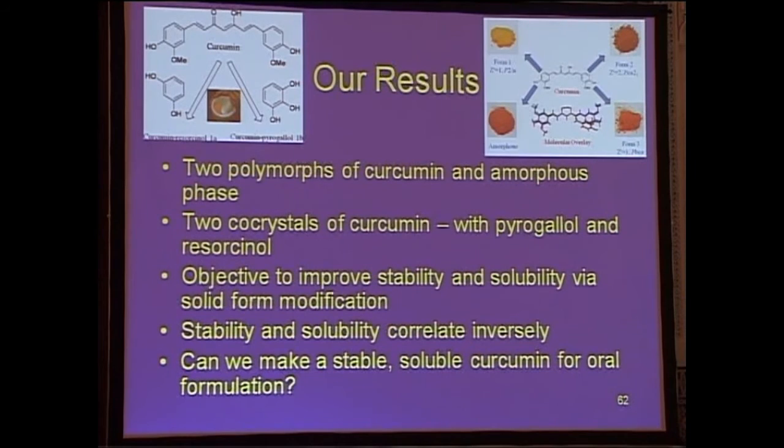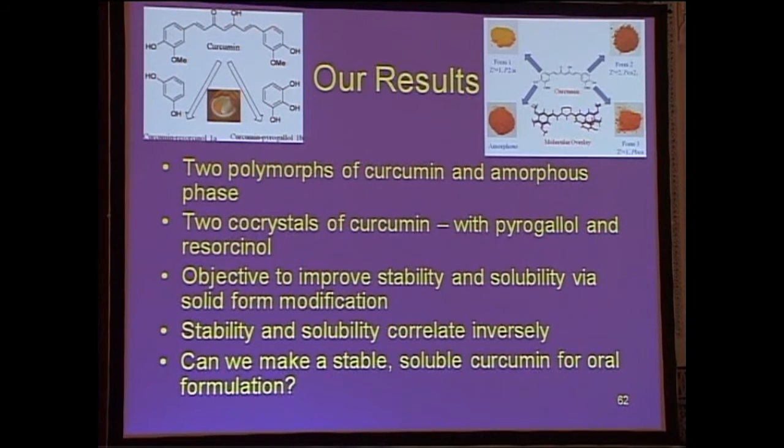Knowing that, or observing that they have very limited stability in a practical sense, the 2 polymorphs, we then looked at cocrystals. So these are cocrystals, as I said, the bow and the tie, of curcumin with resorcinol and pyrogallol.